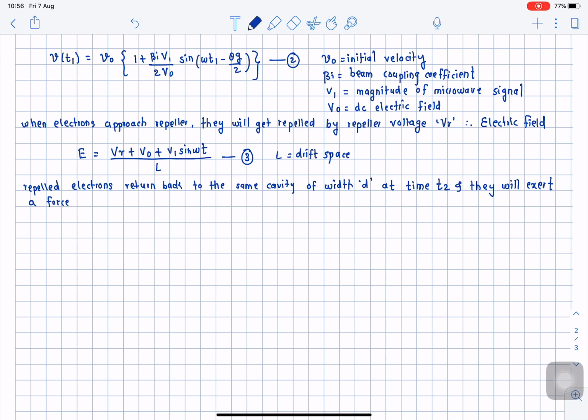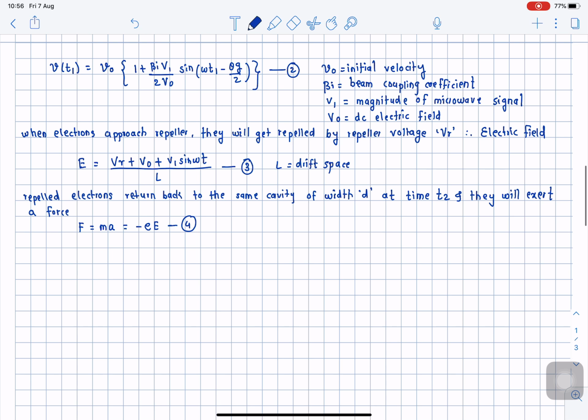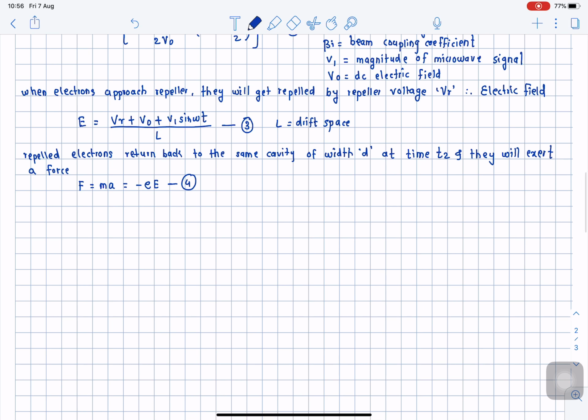Now this force can be given as, from the basic law of mechanics, force is equal to mass into acceleration. This can be written as minus e into E. This is a well-known equation. Let us call this equation number 4. So here I can write the force exerted by the electron F is equal to mass into acceleration.